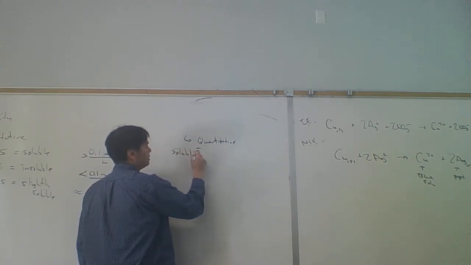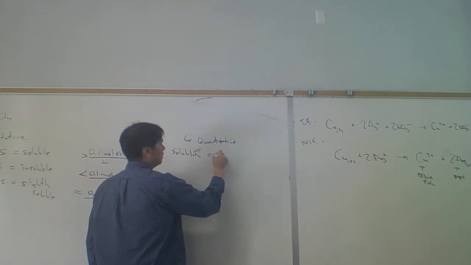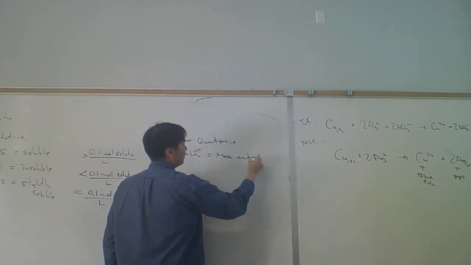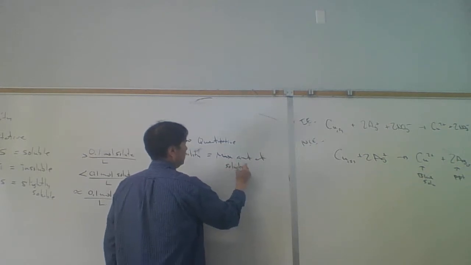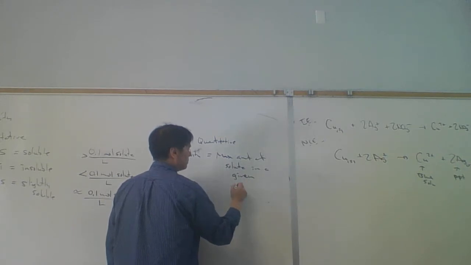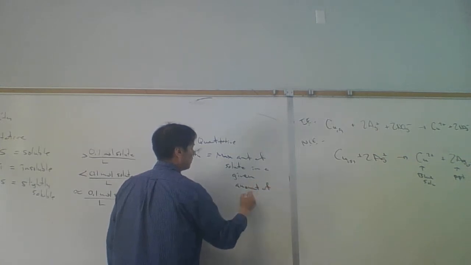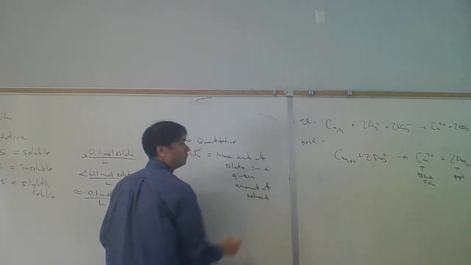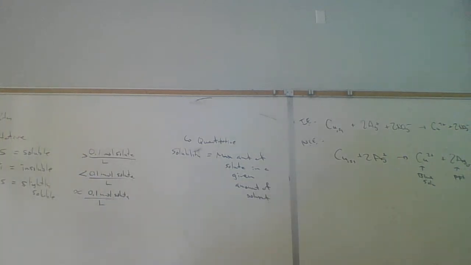The solubility is equal to the max amount of solute in a given amount of solution or solvent. Depends, but this could be salt. And so if you try to dissolve 380 grams, forget it. Just 359 is the max, and that's what we call the solubility.